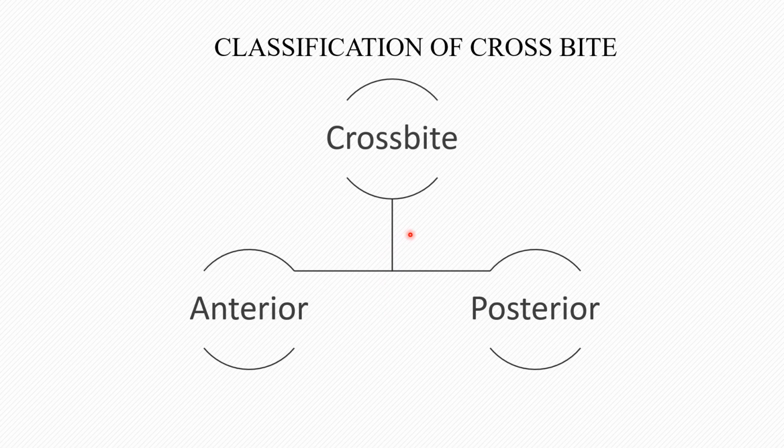The crossbite is also classified as posterior crossbite, which includes crossbite of the posterior teeth, either unilateral, on one side of the posterior teeth, or on both sides of the posterior teeth, and in this case it is called bilateral posterior crossbite.